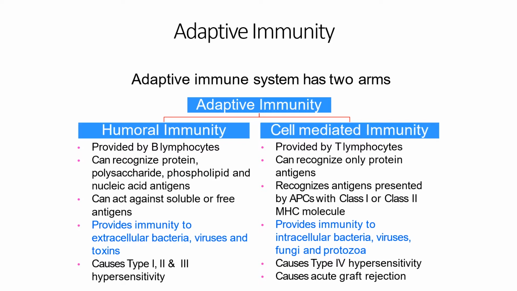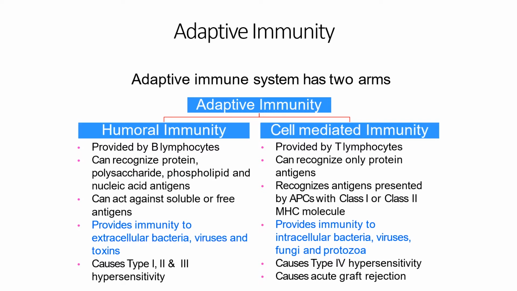Humoral immunity can recognize protein, polysaccharides, phospholipids, and nucleic acid antigens, while cellular immunity can recognize only protein antigens. Humoral immunity can act against soluble or free antigens, while cellular immunity recognizes antigens presented by antigen presenting cells with class 1 or class 2 MHC molecules.